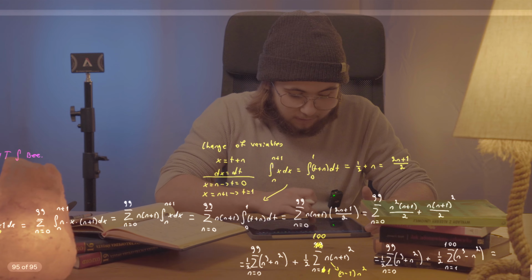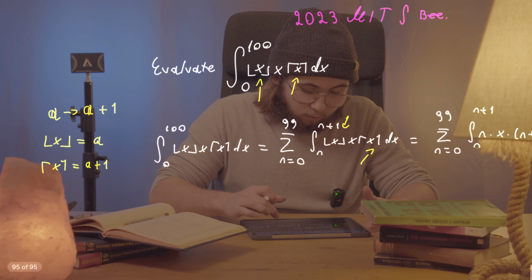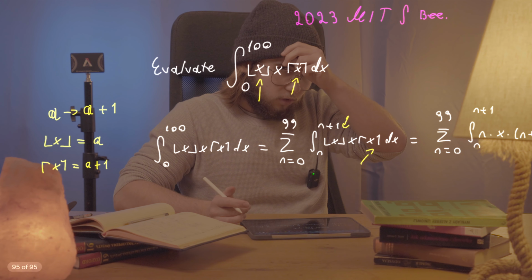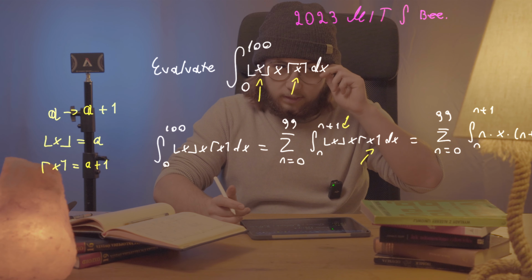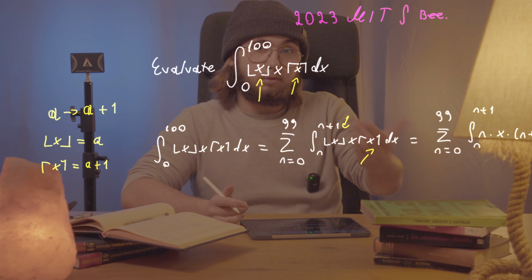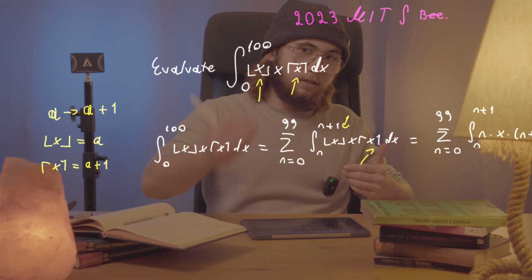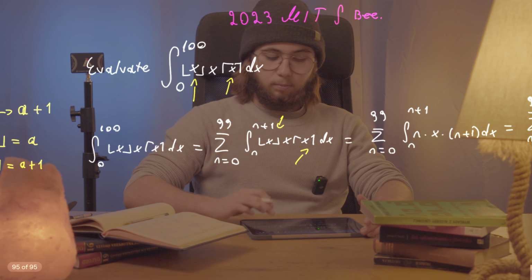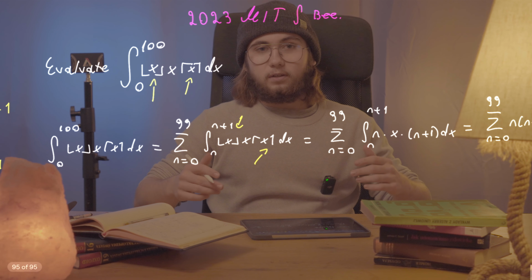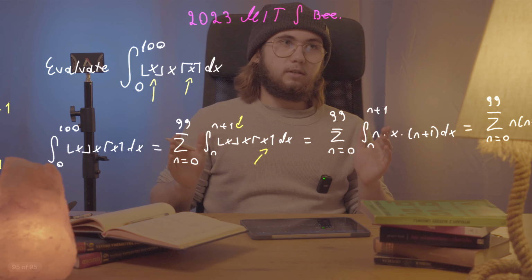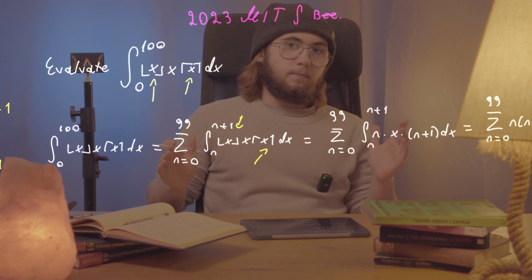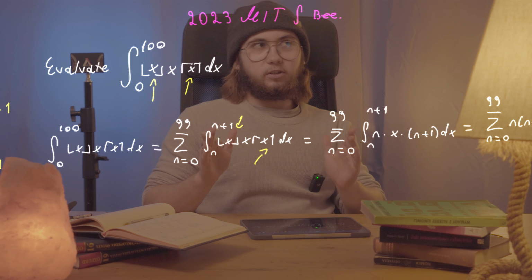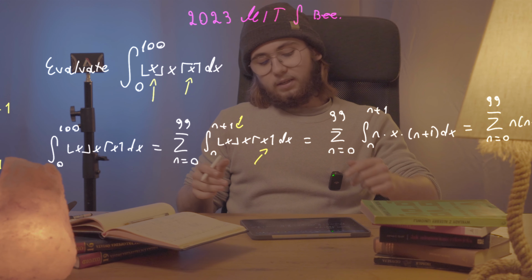And so what we did here is we noticed that the floor function on the interval between a and a plus 1 is equal to a, and that the ceiling function on the interval between a and a plus 1 is equal to a plus 1. We applied that after splitting our original integral into 100 smaller integrals, splitting the interval into 100 smaller intervals between n and n plus 1.